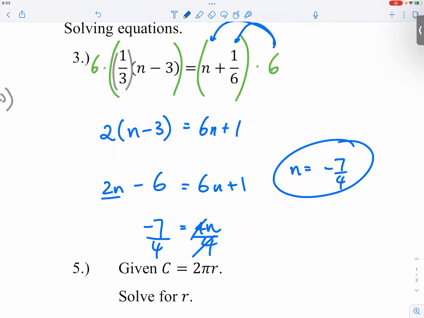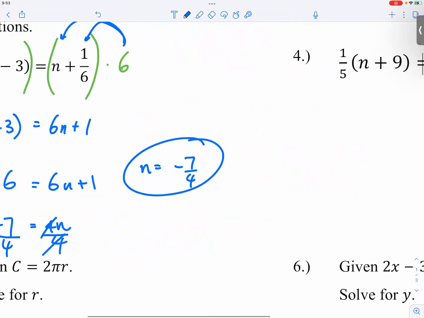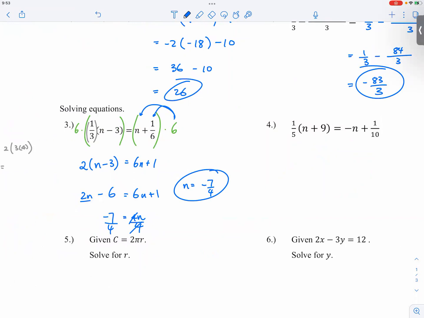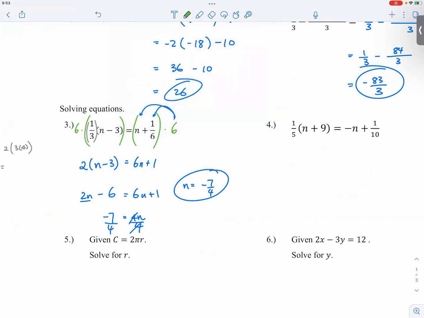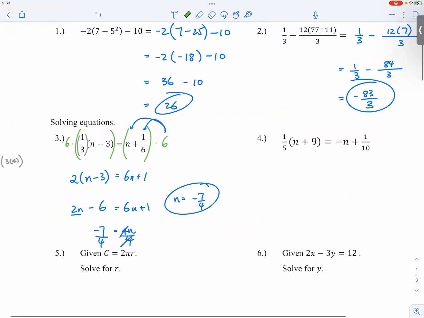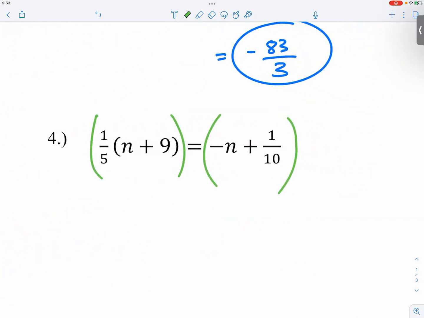So if you understand this, then let's look at number 4 together. Similar setting. Then we ask, hey, you like fractions? No. So what are we going to do if you don't like fractions? What are we going to do? Multiply by 10. All right.